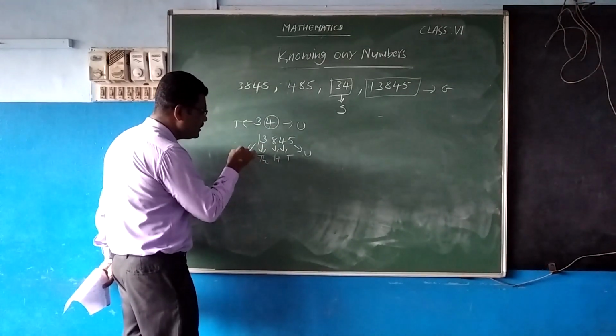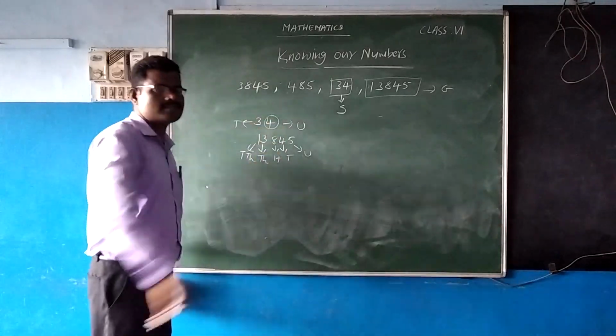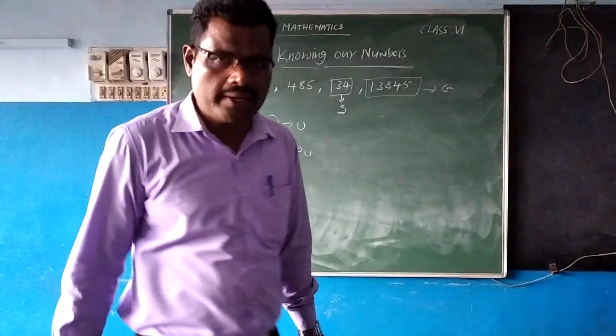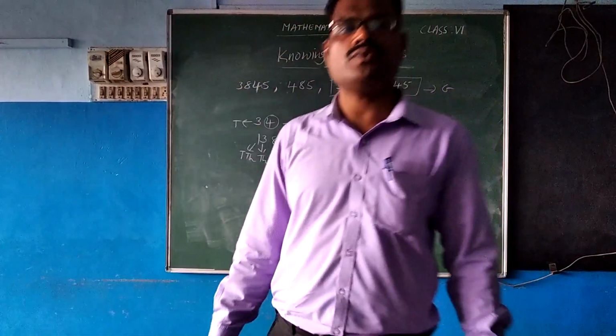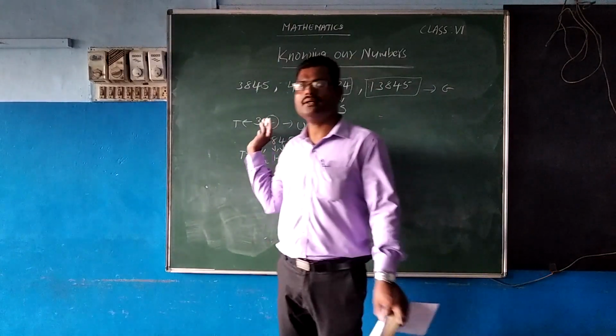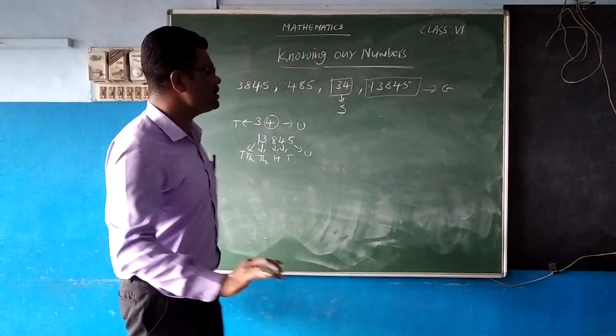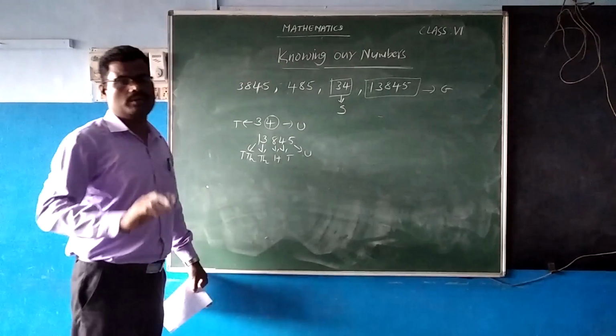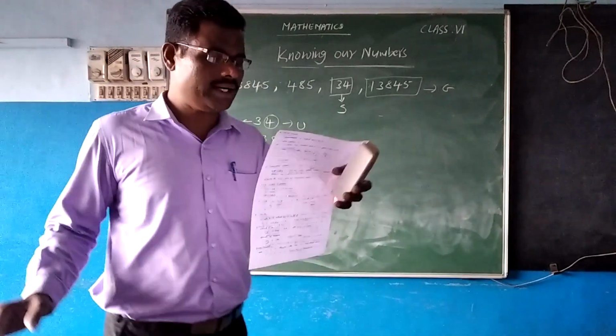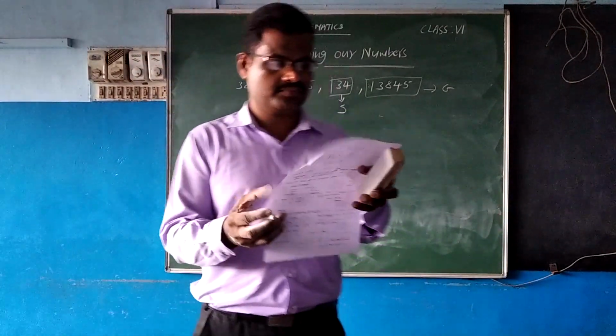This is 10,000 place, isn't it? Depending upon the place values, we can say, in the given two numbers, which is greater and which is smaller.